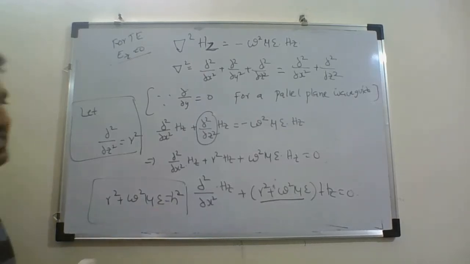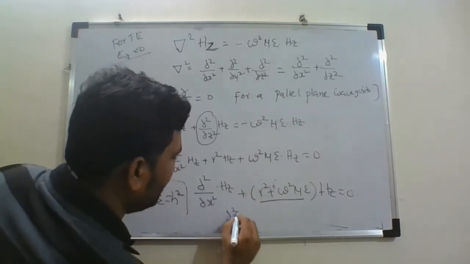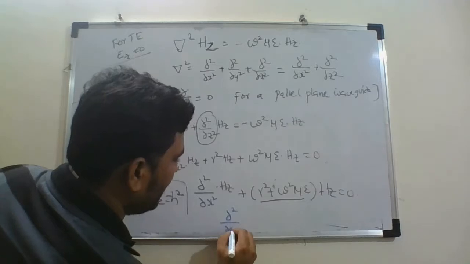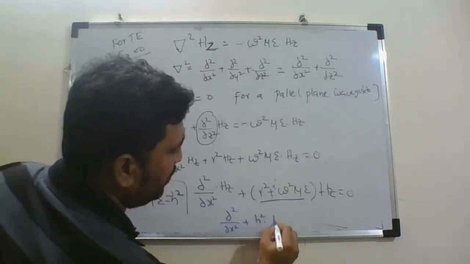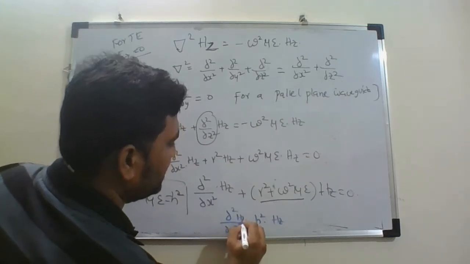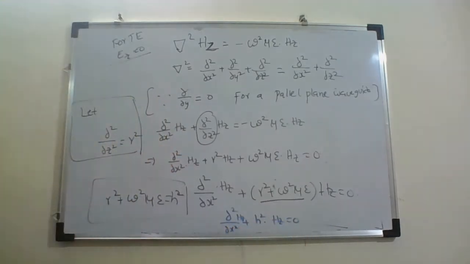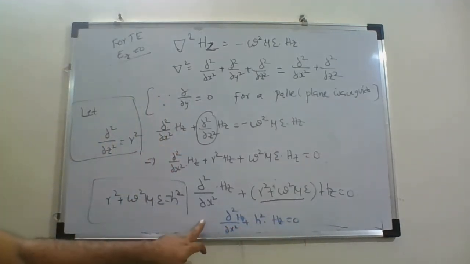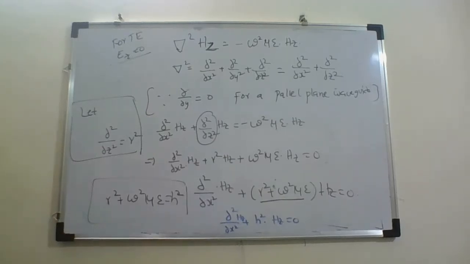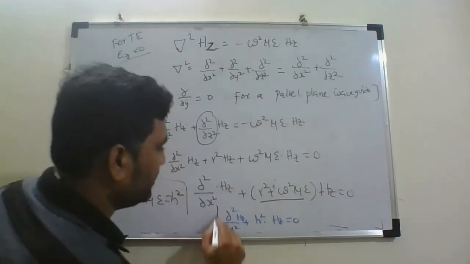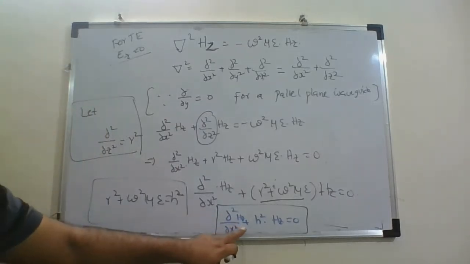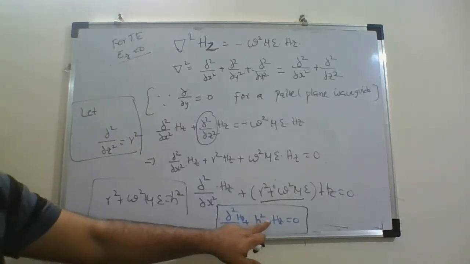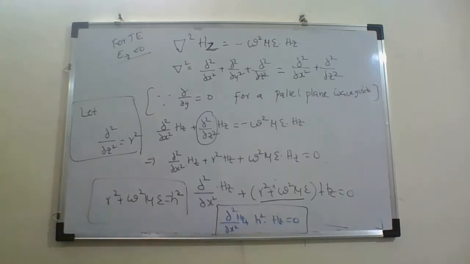So assuming this as h square, we get the equation as dou square by dou x square plus h square into Hz is equal to 0. So this is the expression that I get: dou square by dou x square Hz plus small h square into Hz is equal to 0.